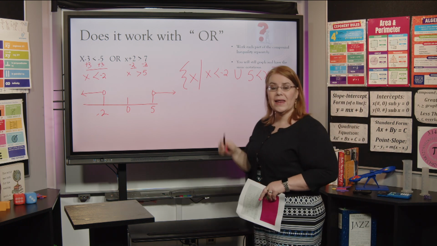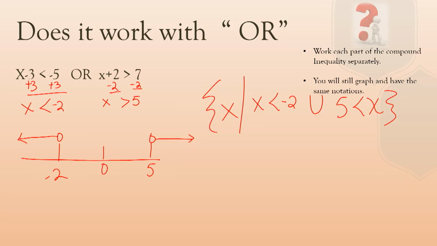All right, so let's go ahead and put interval notation. So my interval notation would obviously start with negative infinity and go to 2, parentheses, because it can't equal, or it also means union later on, but we're going to keep it with or, parentheses, 5, and go to positive infinity.